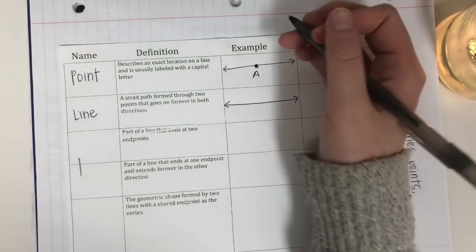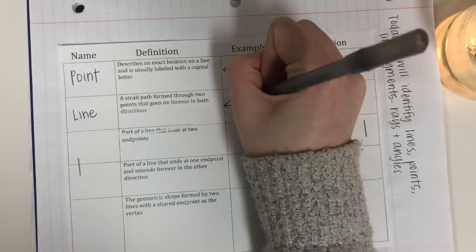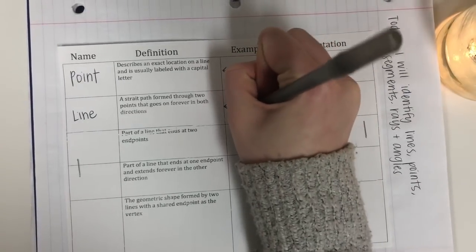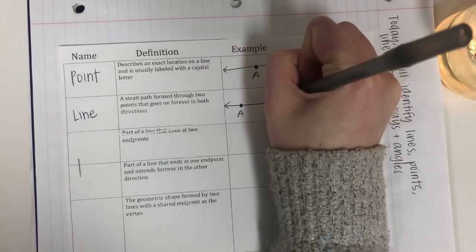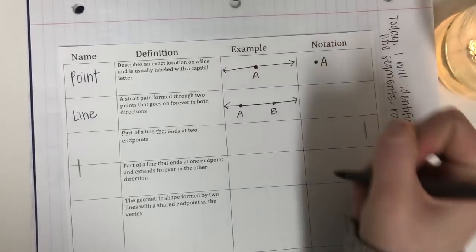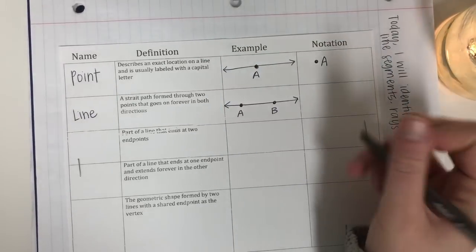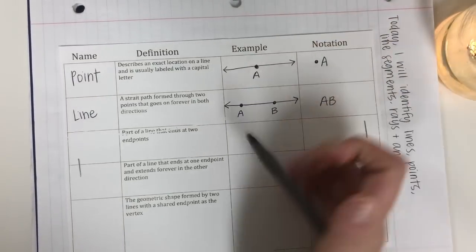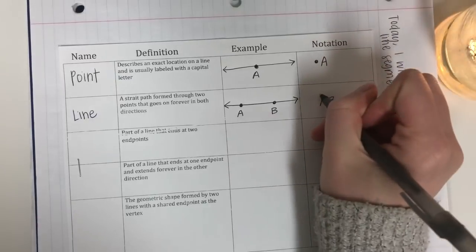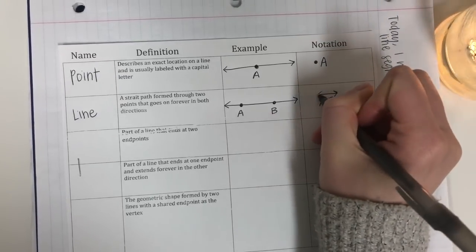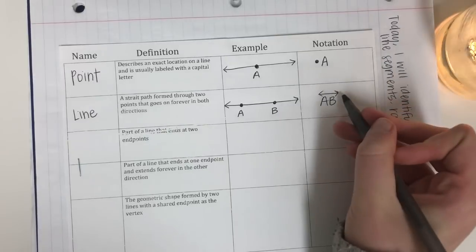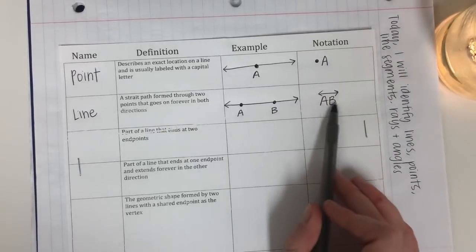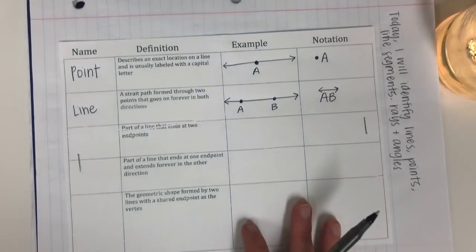To make it a line, you have to have 2 points on it. So we can have an A and a B, and then we would write the notation as AB, and on top we would draw the line. So a line has 2 points and it goes on forever on both ends. So this is line AB.